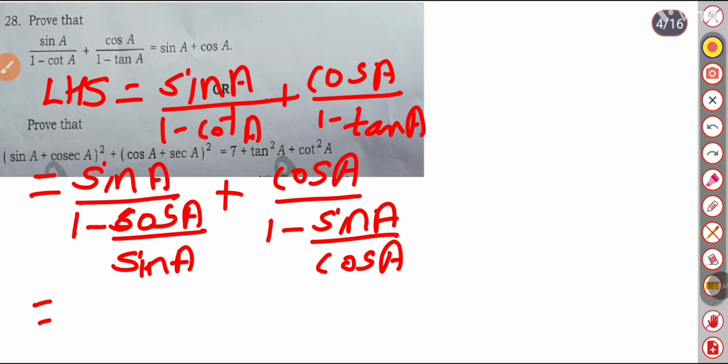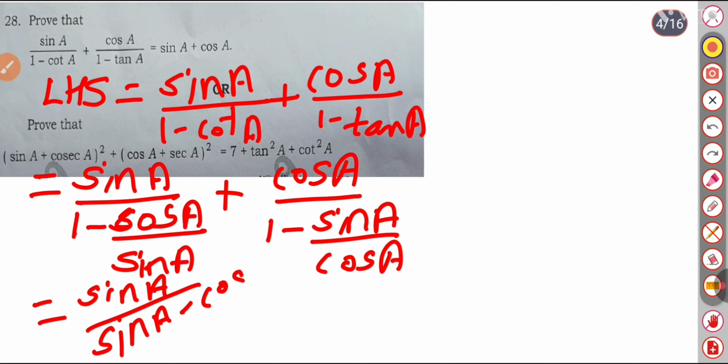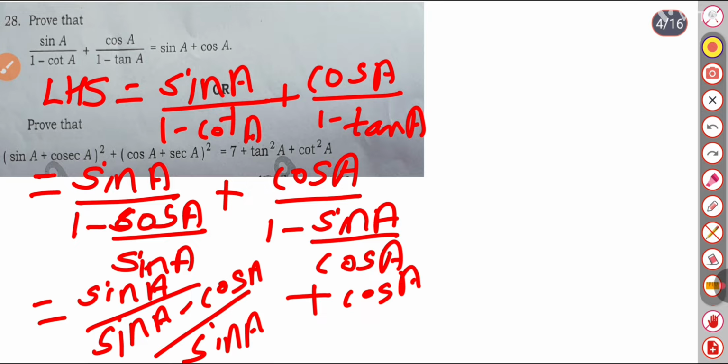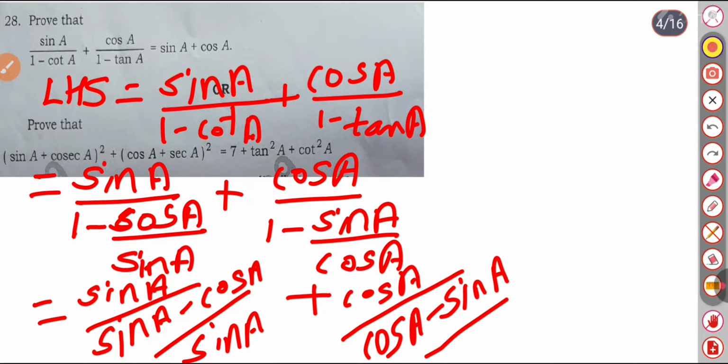So sin A as it is divided by sin A minus cos A by sin A, plus again cos A as it is, and if we take the LCM, it is cos A minus sin A by cos A.